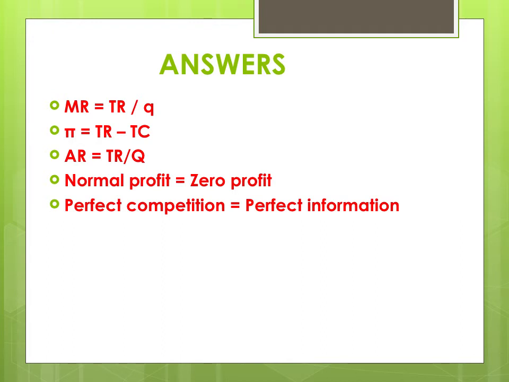AR or average revenue is equal to total revenue divided by the quantity. Normal profit is zero profit. Perfect competition is perfect information, because in a perfectly competitive firm there is perfect information.